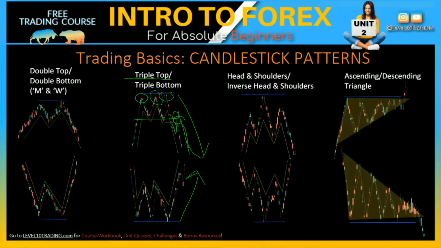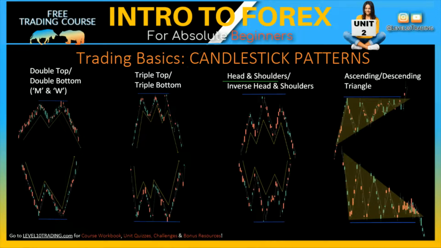But usually the entry is done after price closes beyond the neckline, leaves, comes back, sometimes to retest on a break and retest, and then moves out. Head and shoulders patterns are similar to the triple top, except that there is usually a really large peak with slightly smaller peaks on each side of it.